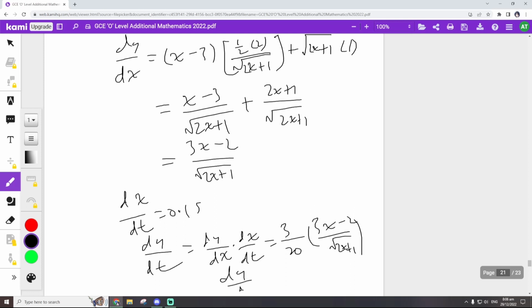And then dy/dt at x equals 4 is 3 over 20 times, if I put in the 4 here, I will get 10 over 3, which is half.